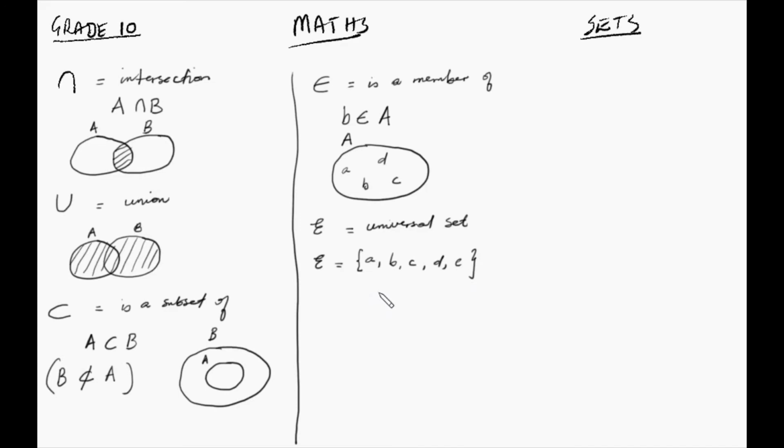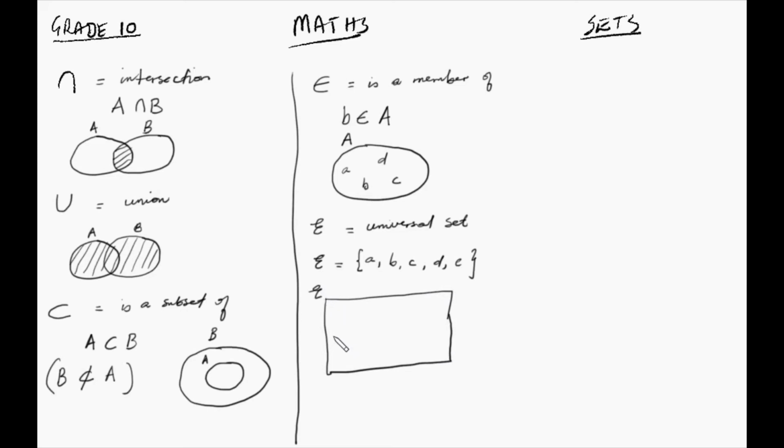As a Venn diagram, remember these are Venn diagrams, which we did talk about in grade 8, all right? You could just draw the universal set as a rectangle, and you label it universal set.